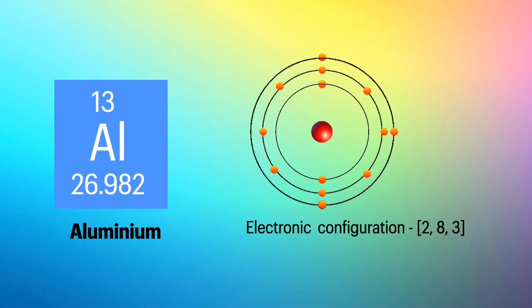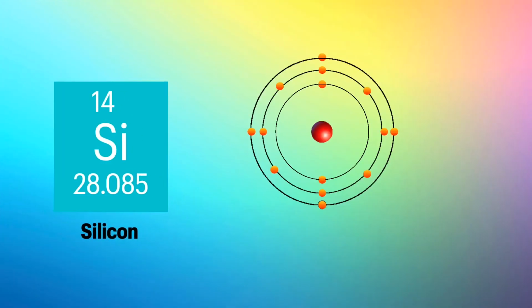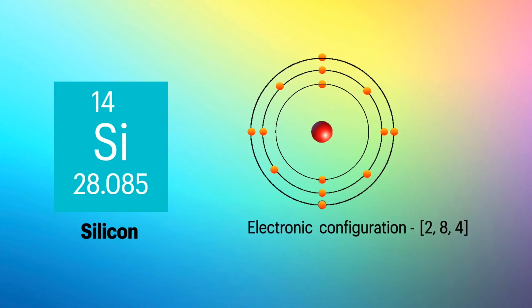So the electronic configuration is 2-8-3. Silicon, 2 electrons are present in the first shell, the second shell has 8 electrons and the outermost shell has 4 electrons. So the electronic configuration is 2-8-4.